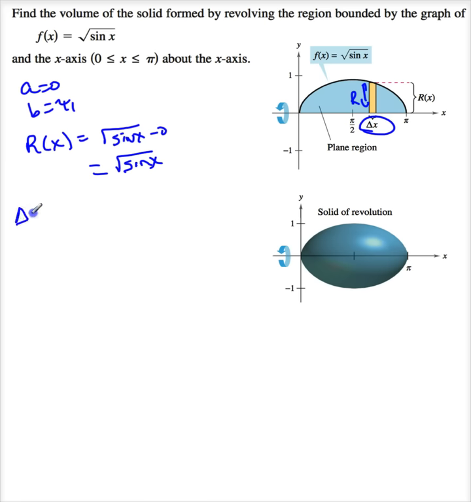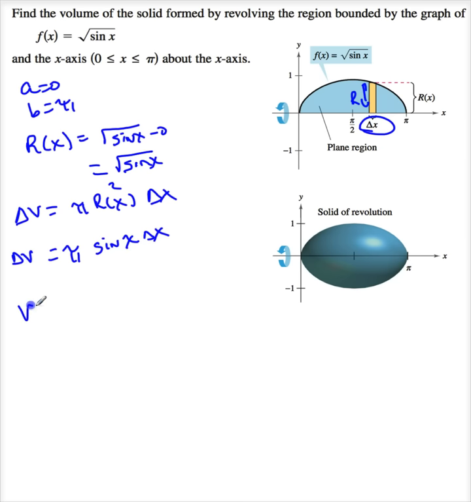So what is my differential volume? The volume of a disk is pi r of x squared times delta x. So I need to make sure I have that delta x right there. So this is pi r of x squared, which is sine of x, delta x.